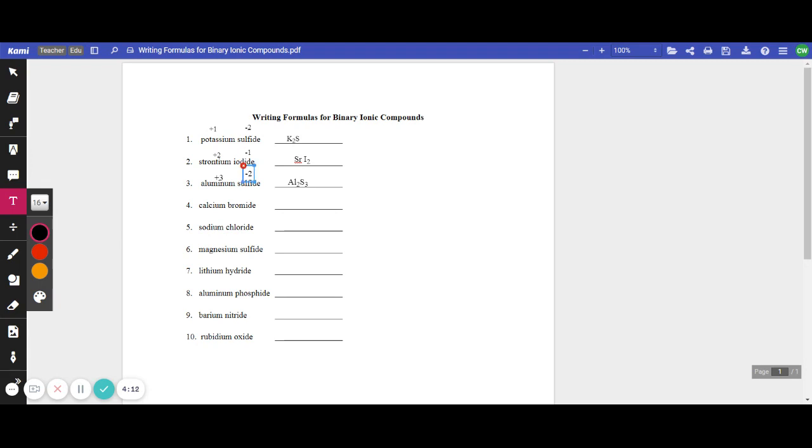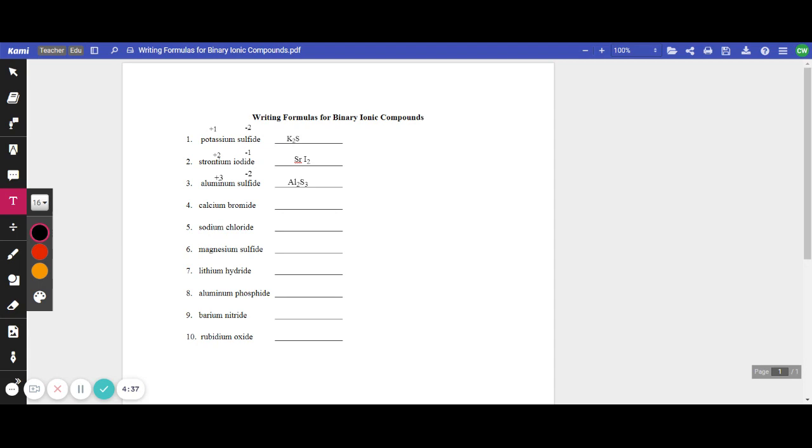You can always cross them most of the time, but then you have to think about whether they are written in the lowest possible coefficients. Can you reduce them? Since we can't reduce 2 and 1, or 1 and 2, or 2 and 3, they are in the lowest possible factors of their subscripts, so we can't reduce them any further.